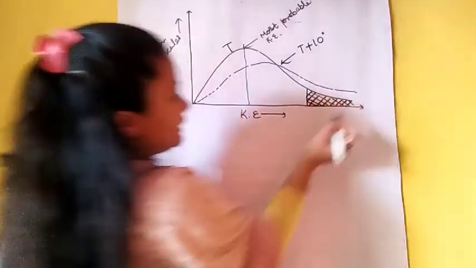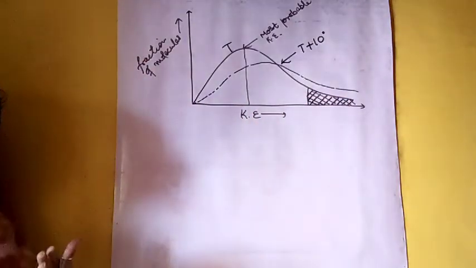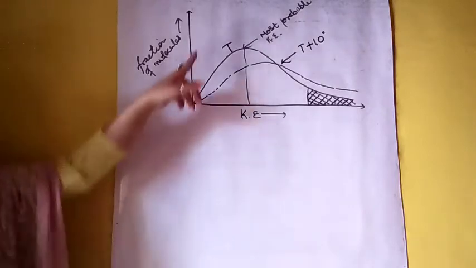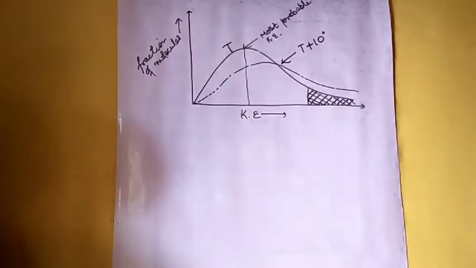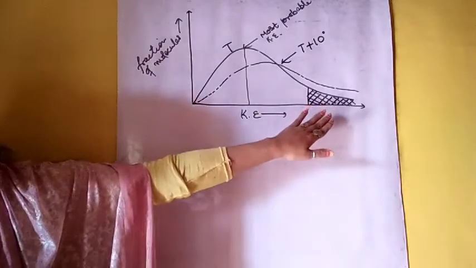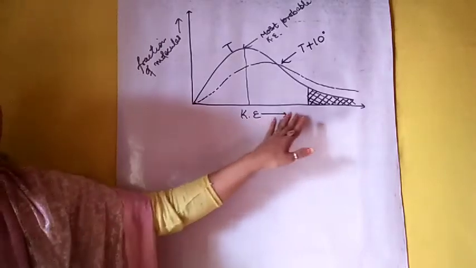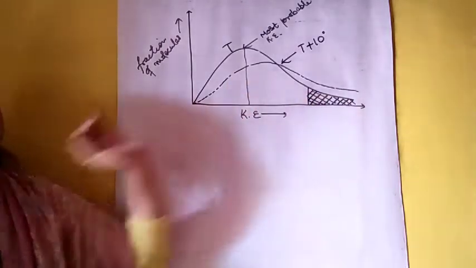If they effectively collide, then the reactant will be converted into product. Why are we taking that much? Only because they have the highest kinetic energy. As we move there, the kinetic energy increases, right? So this many molecules are colliding effectively.